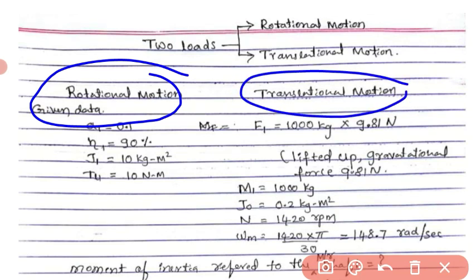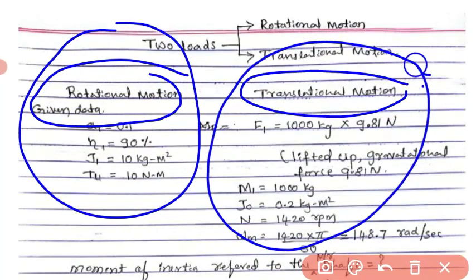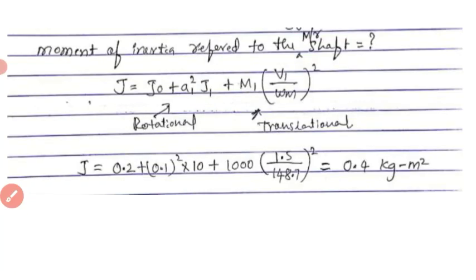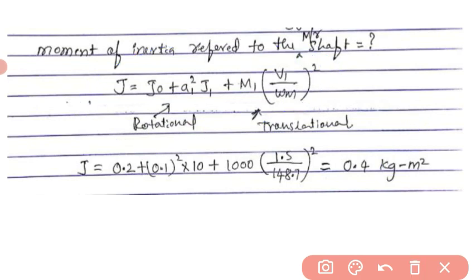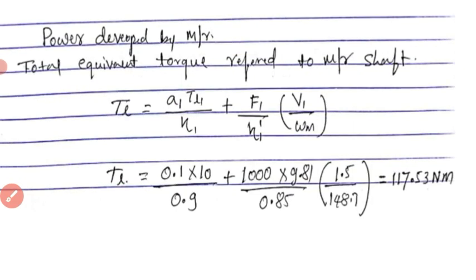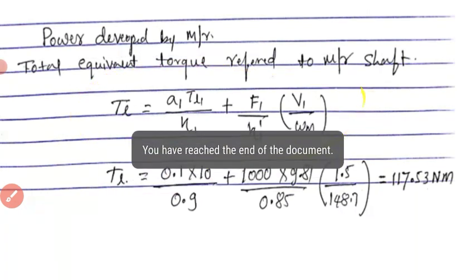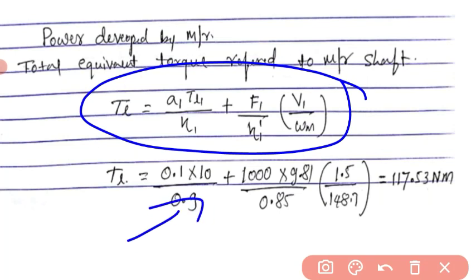Write the given data belonging to the rotational motion and to the translational motion separately. Then we have the equation for moment of inertia, rotational and translational, which you substitute to get the result. Similarly we get the torque. Load torque we find with the help of this equation. Substitute all the values and we get this answer.